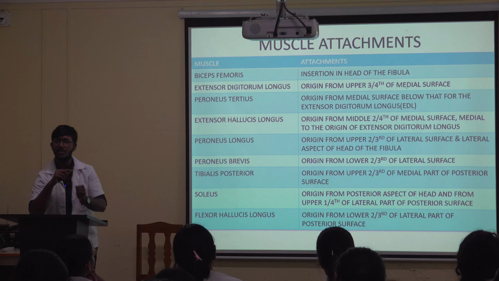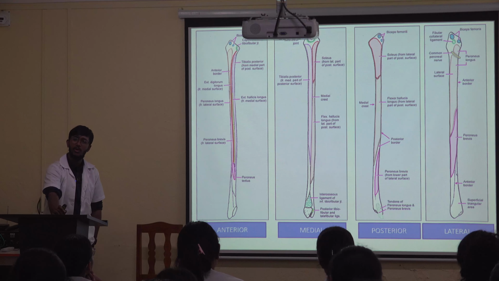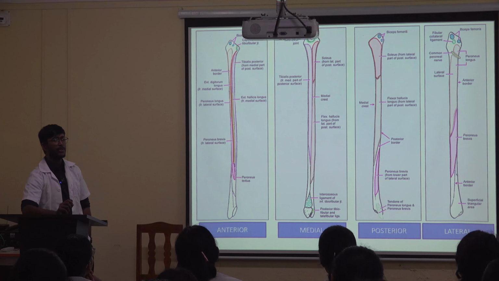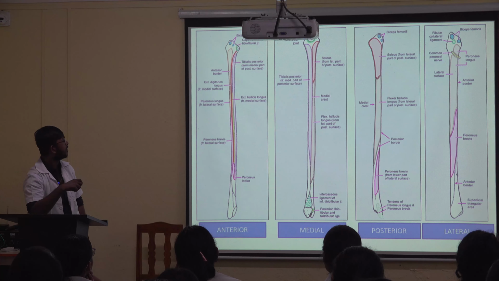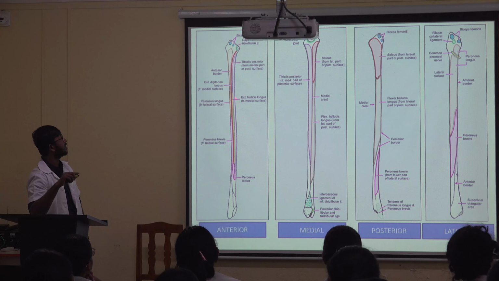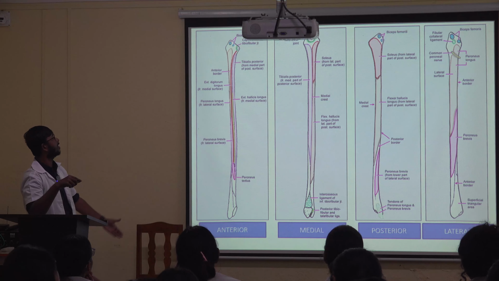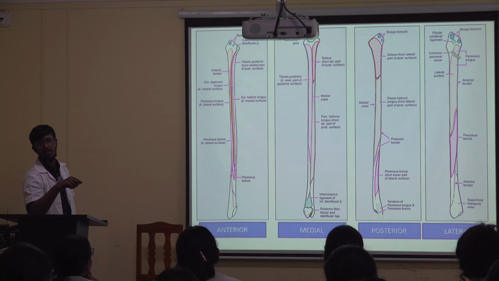So these tables look scary, right? For this reason, in your workbooks or copies, you need to draw the bones and draw the muscles like this. If you draw the muscles like this, then you don't need to memorize this. You can easily see that if this is the fibula, what portion is being taken by the peroneus longus muscle.